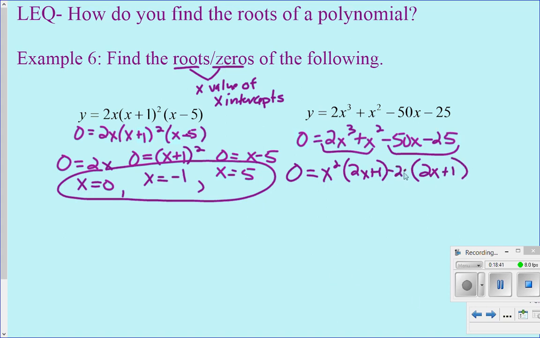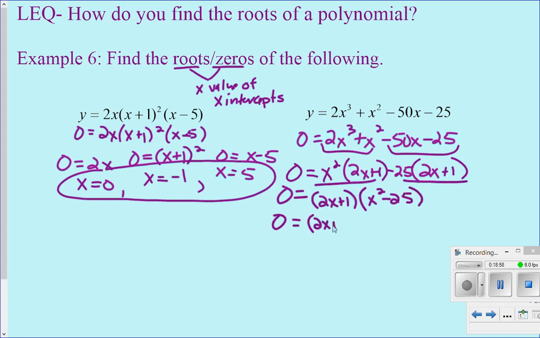Looks like -25. I look at those two terms and realize that 2x plus 1 is the greatest common factor, so I write it only once because it's the greatest common factor, and then I'm left with x squared minus 25. We know from our previous factoring experience that that factors further.